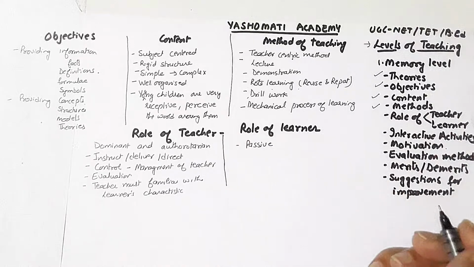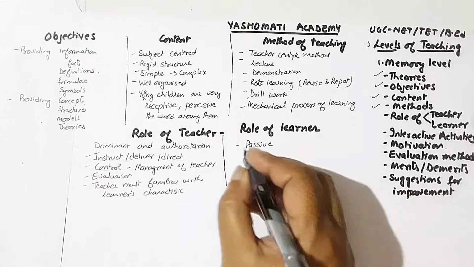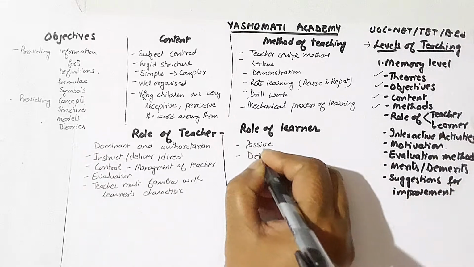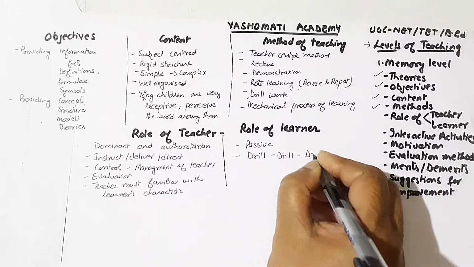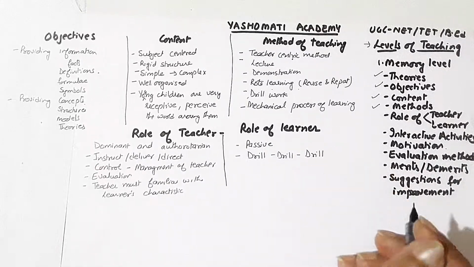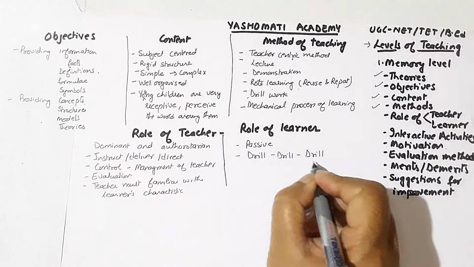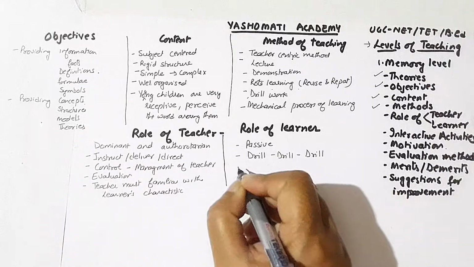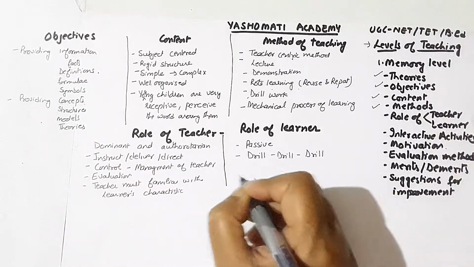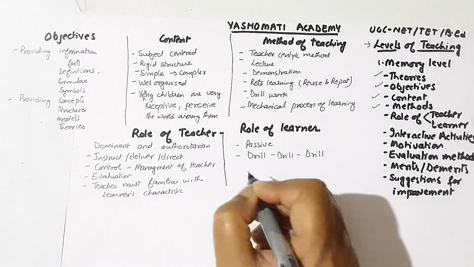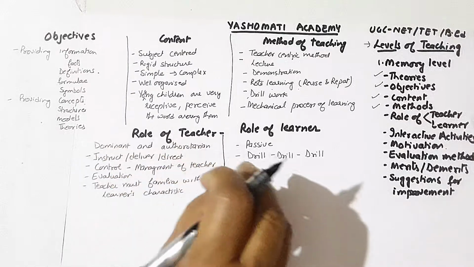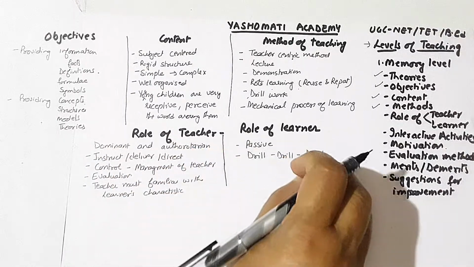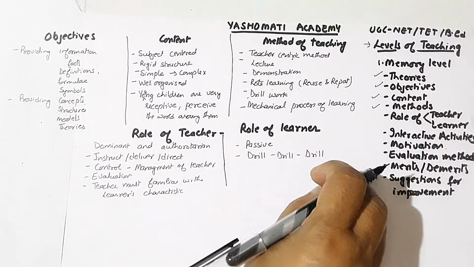Now, passive doesn't mean that learner doesn't have to do anything. Learner is expected to do drill, drill and drill. The only role which the learner has to do is practice, revise, drill, so that whatever material has been taught by the teacher becomes fixed in his mind.